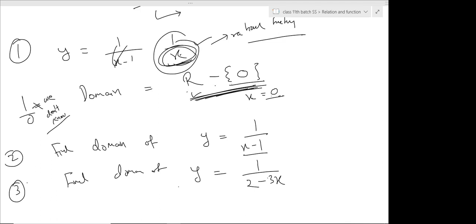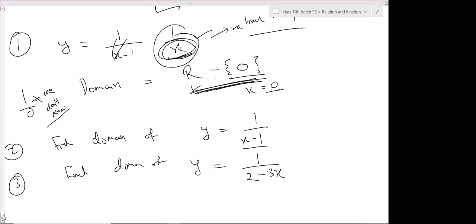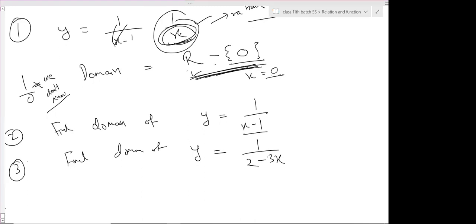Yes, all real numbers except 2 by 3. Absolutely right.